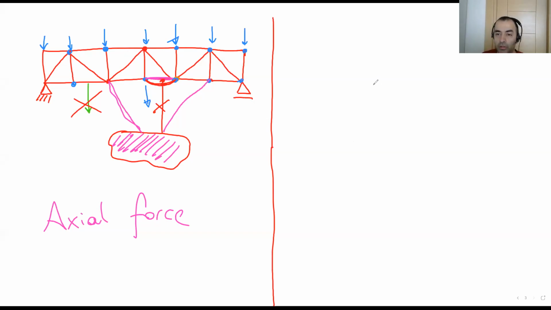Share screen again. Okay, in timber houses, you're going to see this type of roofs like this. Sometimes you have very small members, but this type.